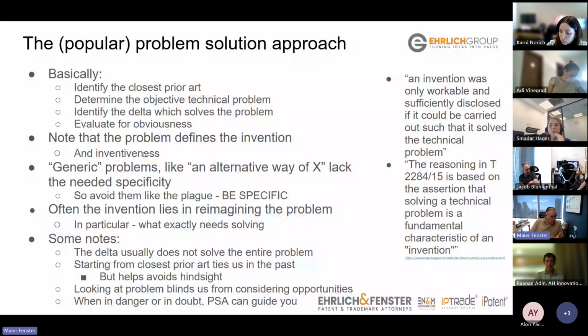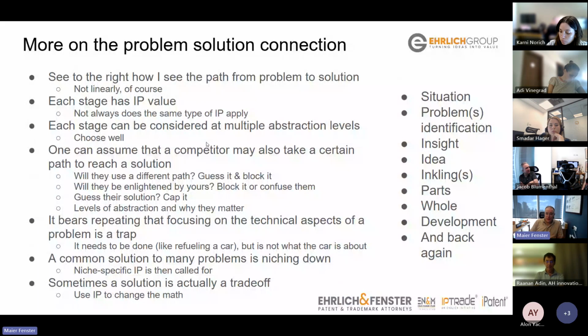Okay, so I talked about problem solution. How do I see it? The way I see it is you have a situation. In the situation, you identify problems. Then you have an insight about the problem, because problems are usually too complicated to think about, but the insight reframes them, reformulates them.